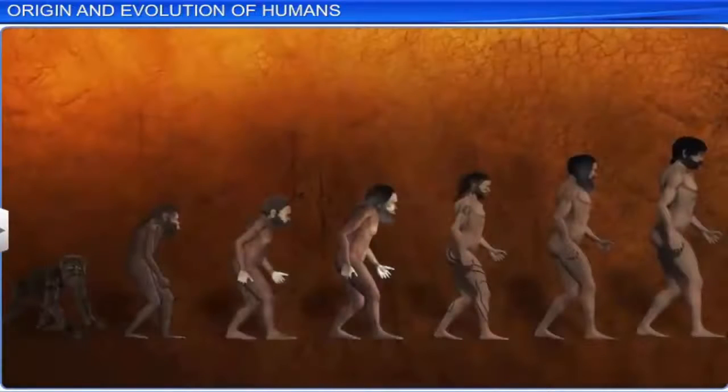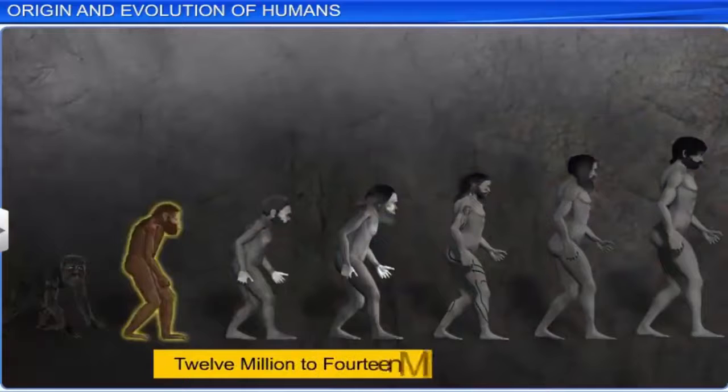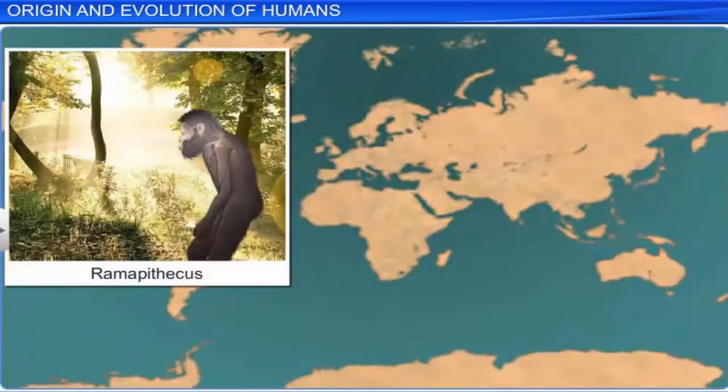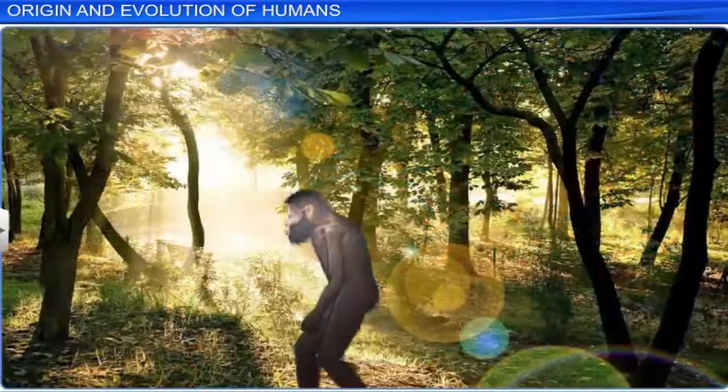Another man-like primate that lived in the early Pliocene epoch of the Cenozoic era, about 12 million to 14 million years ago, was Ramapithecus. Its fossils were found in Shivalik hills in northern India and eastern Africa in the beginning of 1932. It was an ape-like creature.